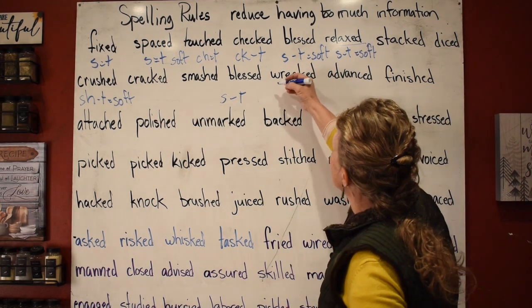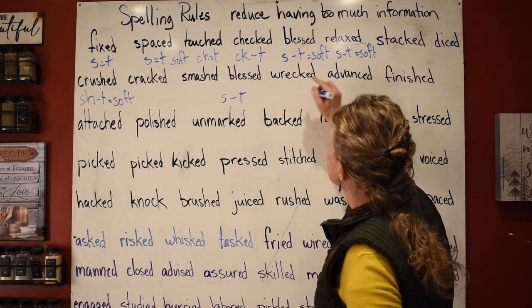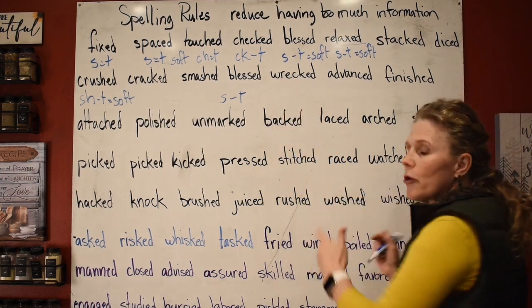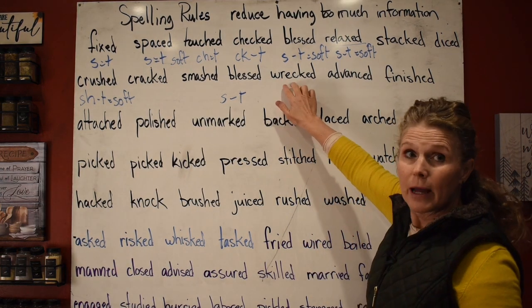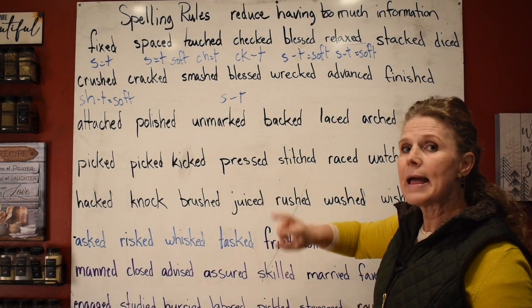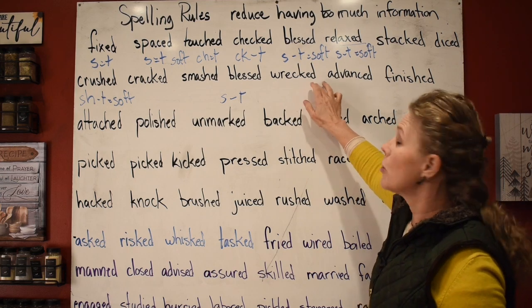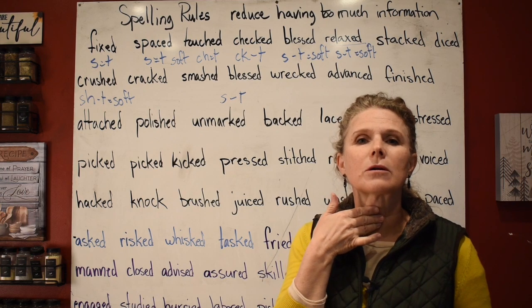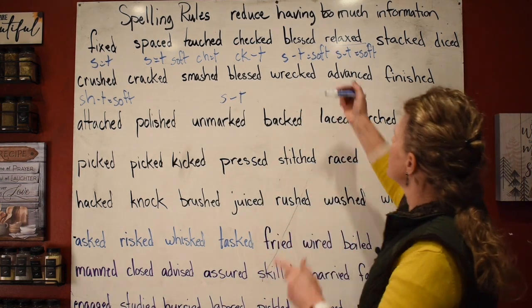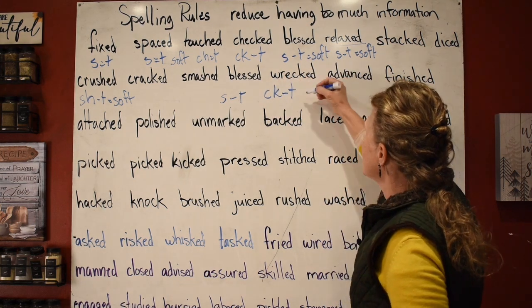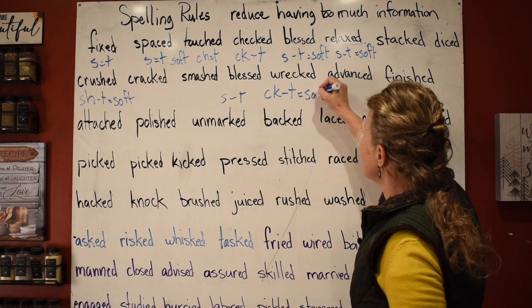Could be wrong, but I think it does. So we're going to say wreck, wrecked. So if you feel it, your throat's not moving, so it's going to go CK goes to the T sound equals soft.